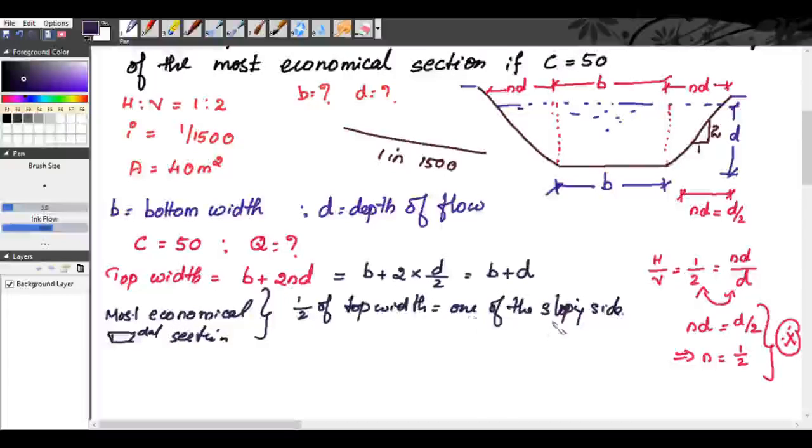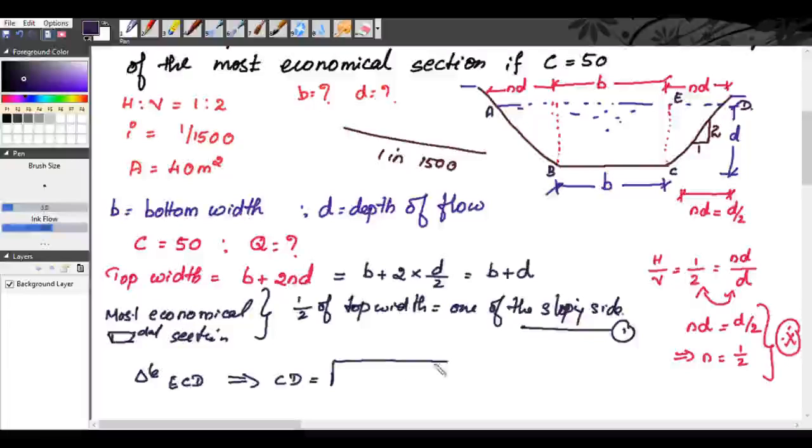We will take this as equation number 1. Now we need to find the sloping side. How will we find it? We can take this triangle. Let this be A, B, C, D, E. Taking triangle ECD, we get the sloping side CD is equal to square root of EC square plus ED square.